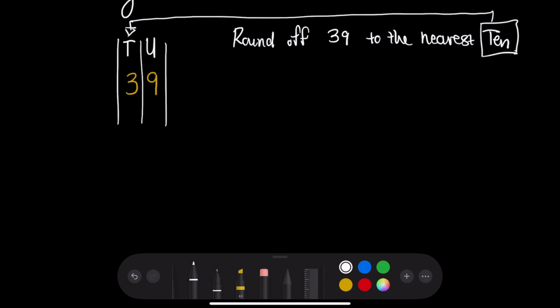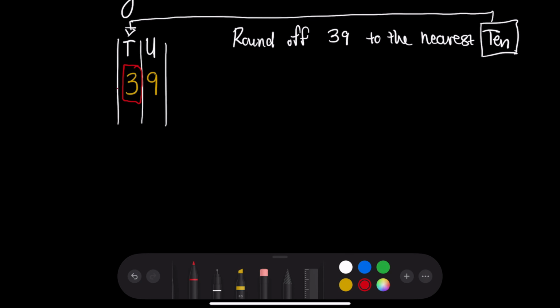Within this tens column, there's a particular number, which is 3, and the place value of this number 3 is what we consider.